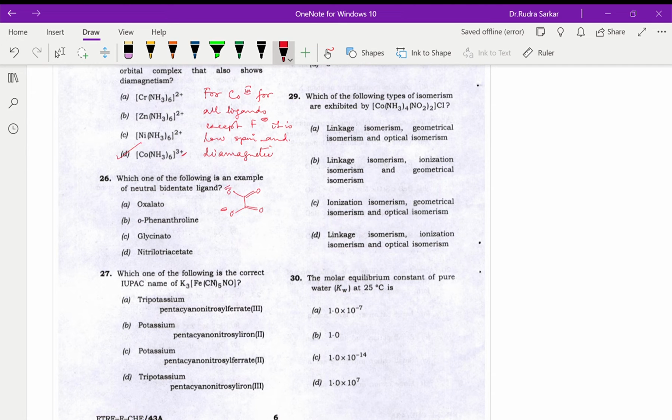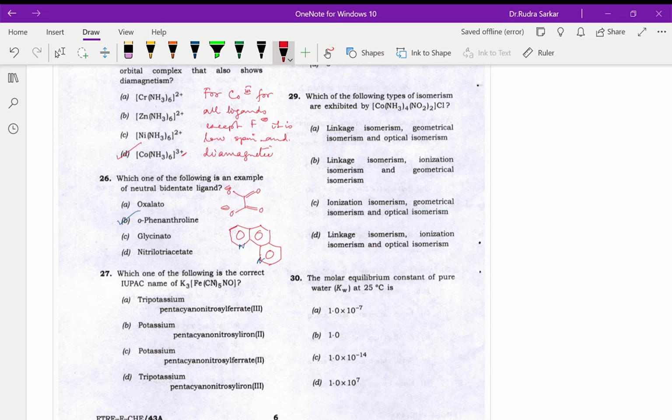We can see it is a bidentate ligand, but it is dianionic. For phenanthroline, we can see this is the structure, and the N atoms are present over here. So this is a neutral bidentate ligand, and hence our answer over here should be this one.